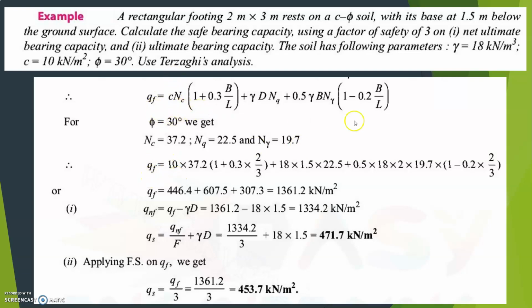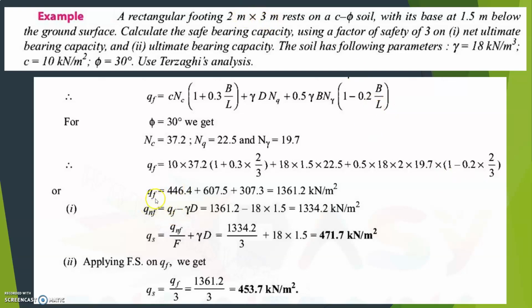qf is equal to, substitute in this equation, C equal to 10 and Nc is 37.2 into (1 plus 0.3 into B, which is 2 meter, divided by L, which is 3 meter), plus second term, gamma 18 into D, depth of the foundation 1.5, into Nq 22.5, plus 0.5 into gamma 18 into B, that is 2 meter, into N gamma, that is 19.7, into (1 minus 0.2 times B divided by L), B is 2 and L is 3 meter.